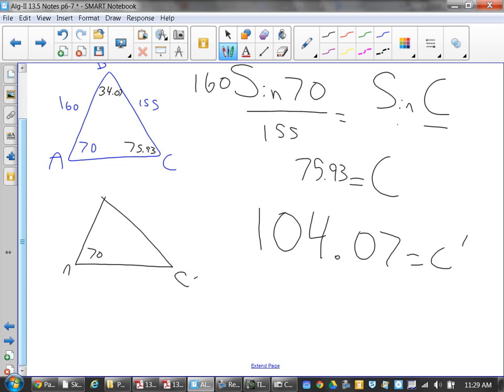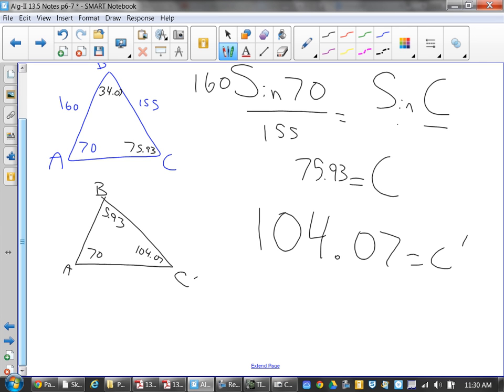So I have 70 here for A and 104.07 for C. Are there enough degrees to find B? What do you get for B then? 5.93. So how many possible triangles can I make with these values?